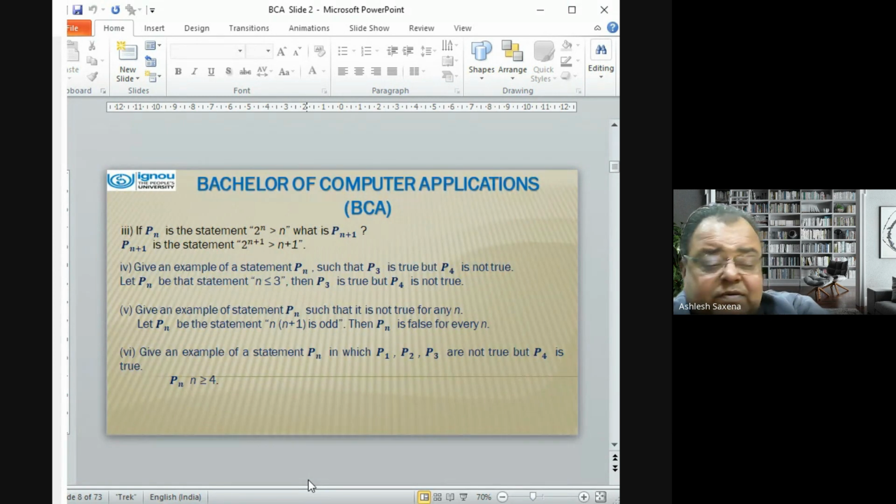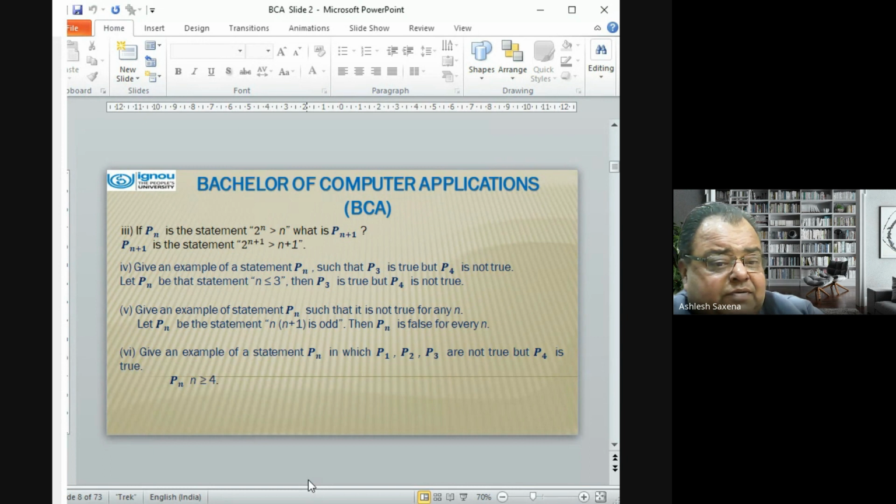In earlier cases, we were just proving it, the statement was given to us. Here, I'm saying that you have to find the Pn such that P3 is true, but P4 is not true. In that case, what will you do? Here you can see n is less than or equal to 3, where P3 is true, but P4 is not.